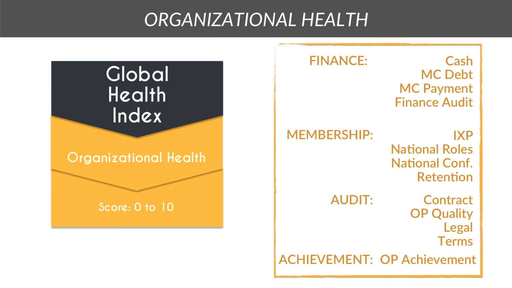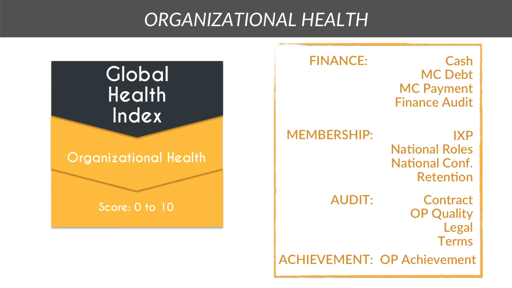Just a note that all of these criteria, both in the Global Operation Index and in the Global Health Index, are evaluating 1 year, so 12 months of their entity, all right? So we look, for example, in national roles, how many national roles that entity had in the last 12 months, all right?